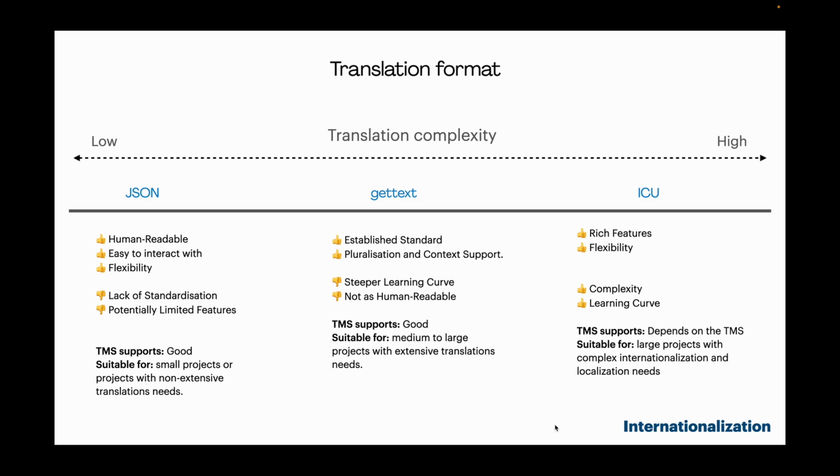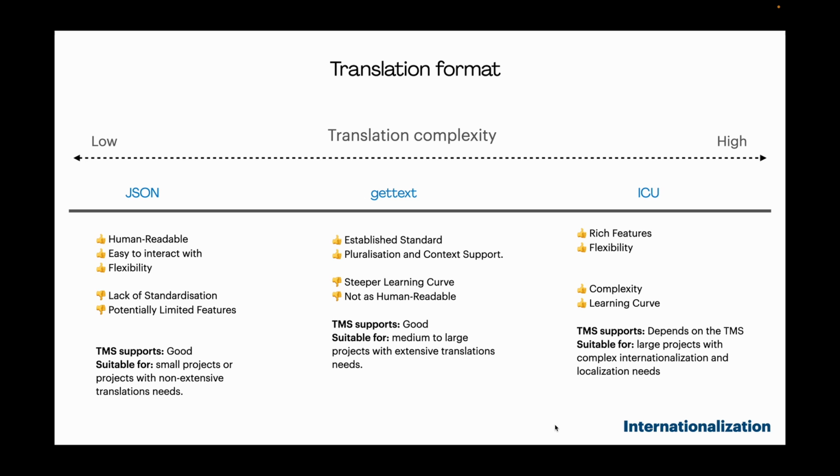ICU is the most powerful among these three formats, but is also the most challenging to learn and work with. It is most suitable for projects with complex translation requirements, but may be overkill for smaller projects. While many services support JSON, it's essential to check whether the services you plan to use support GetText or ICU if you opt for these formats.